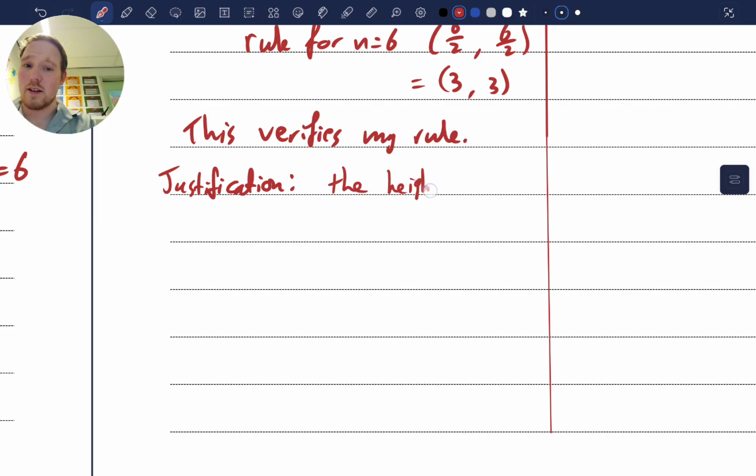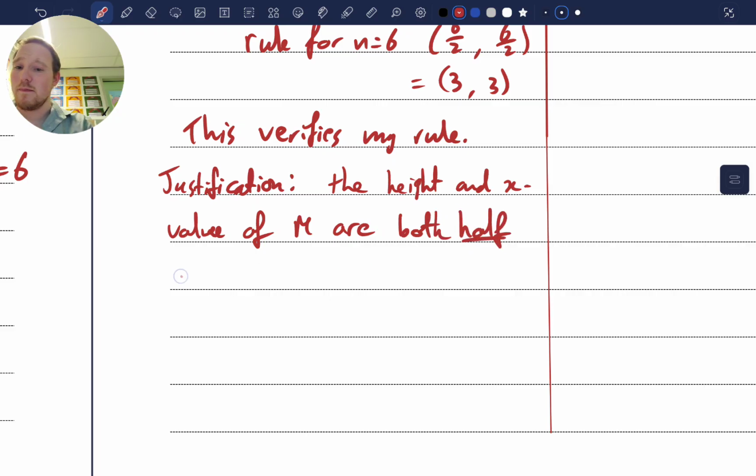The height and, well, not really width, let's say x value of m are both half of the radius, which is n.